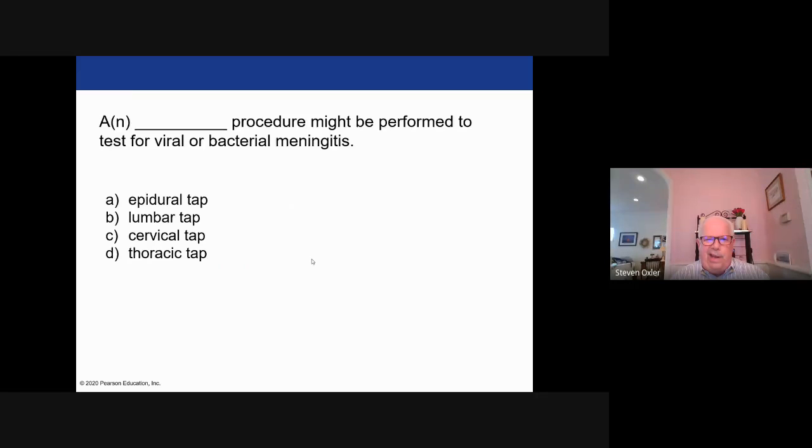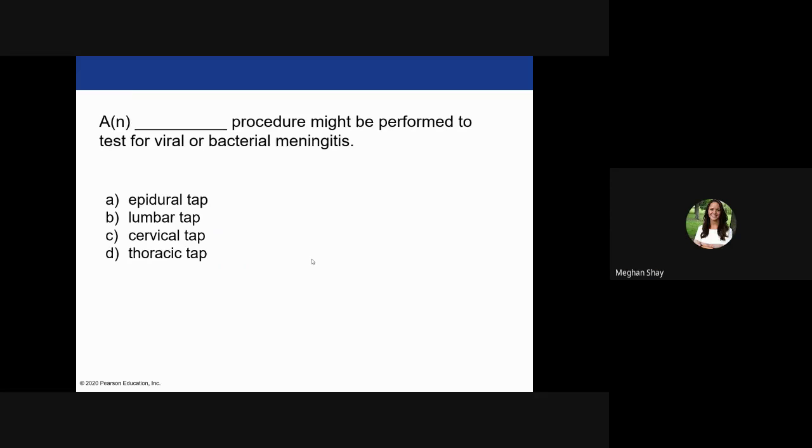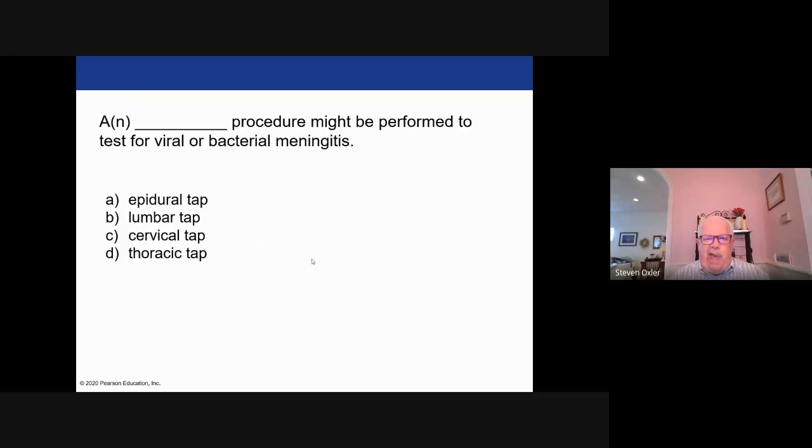We're not going to put any needle into your chest. A is an epidural tap. What A is used for is to paralyze you so we can operate on your lower limbs. The answer is lumbar tap. Otherwise, this is known as a spinal tap. I would never ask the question this way, actually.